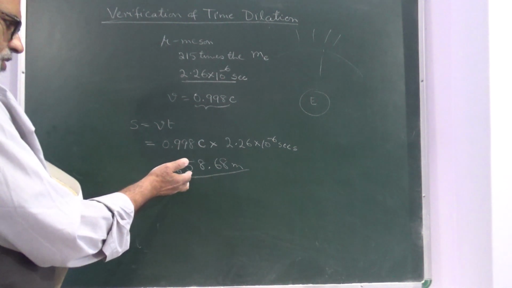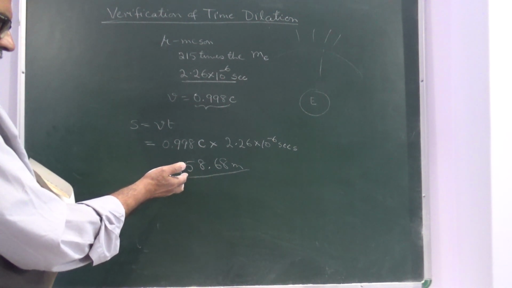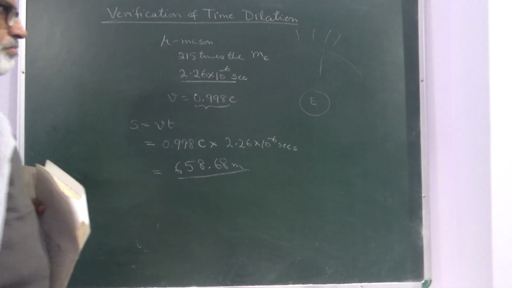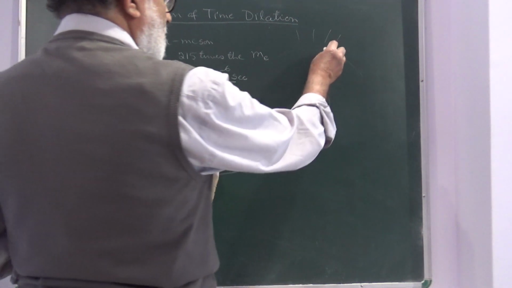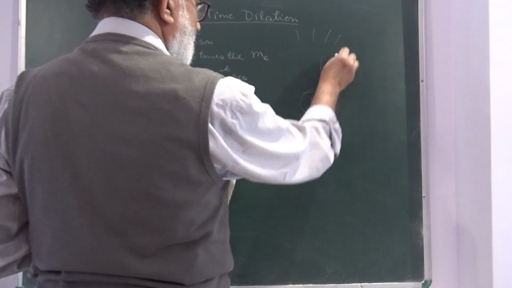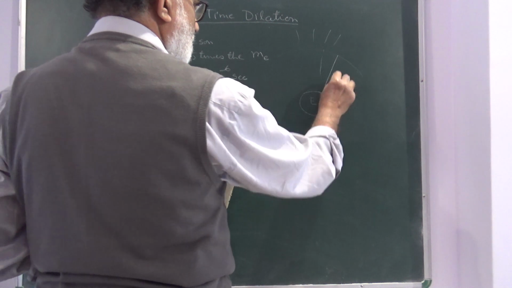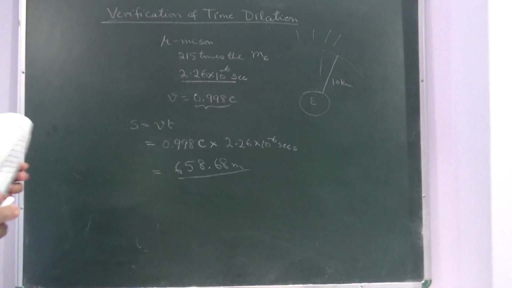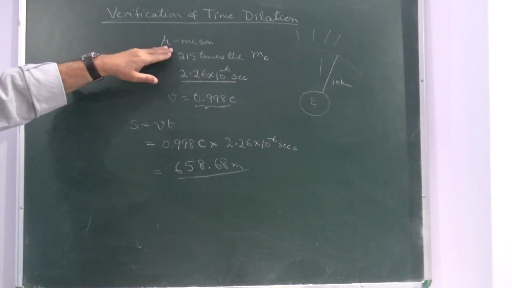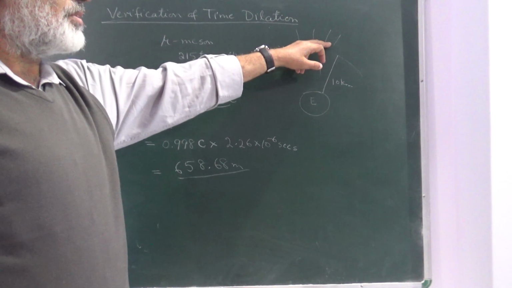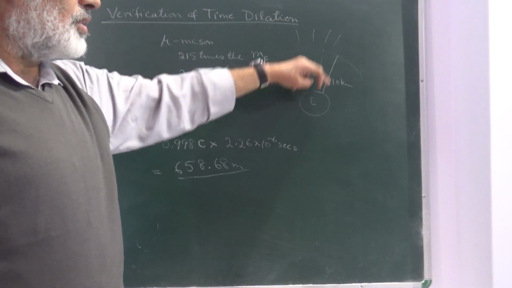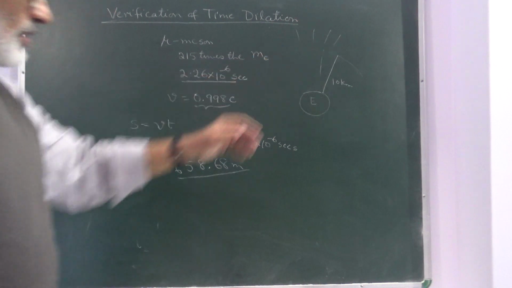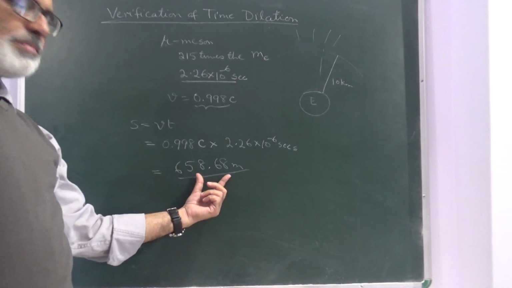And this is a very small length. It's less than 700 meters. But we still found the mu meson at the surface of the Earth, which is about 10 kilometers. How is it possible that mu mesons, which are created 10 kilometers above the surface of the Earth, are found here, where they should have disintegrated after traveling this much length?